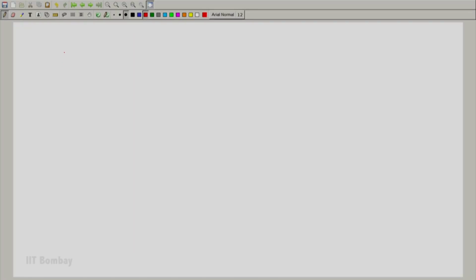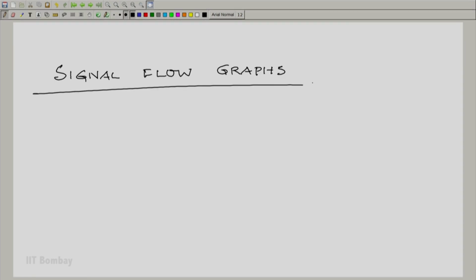So, we are now going to talk about representing signals, rather systems and signals, not just signals, with what are called signal flow graphs. A signal flow graph is a collection of nodes and directed edges.